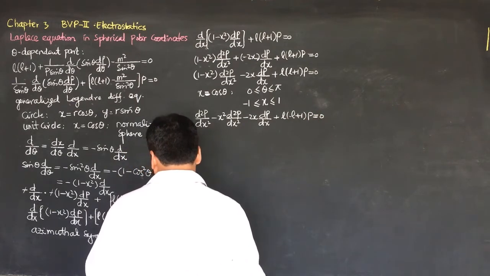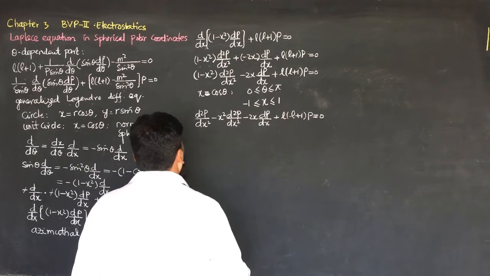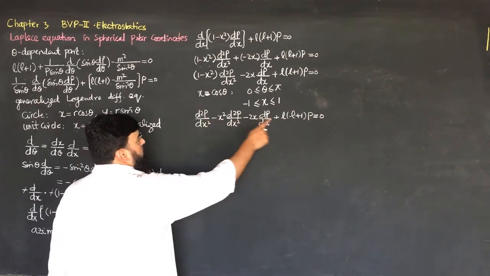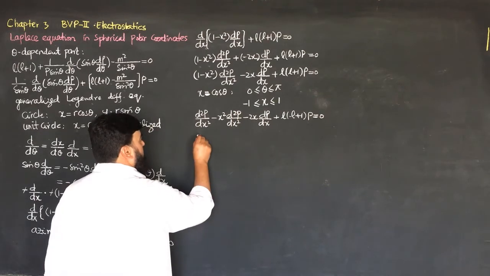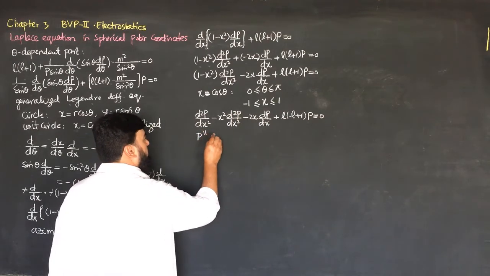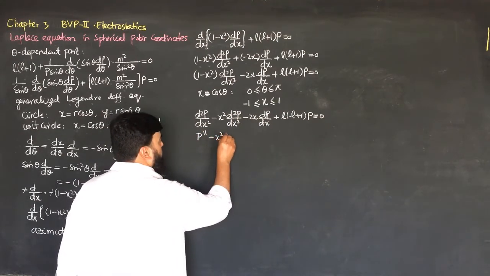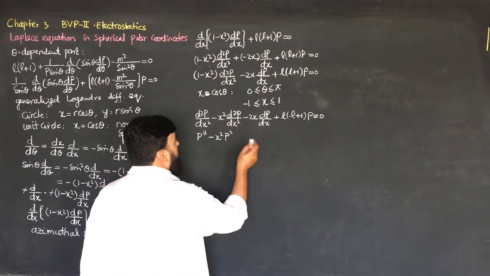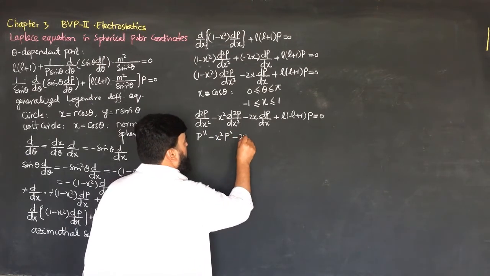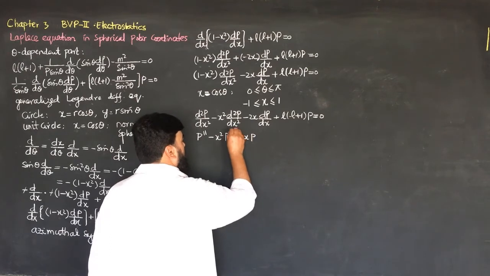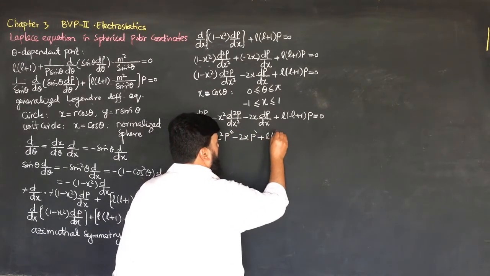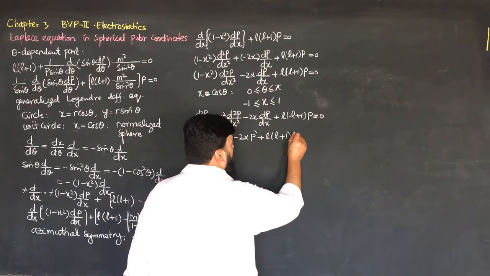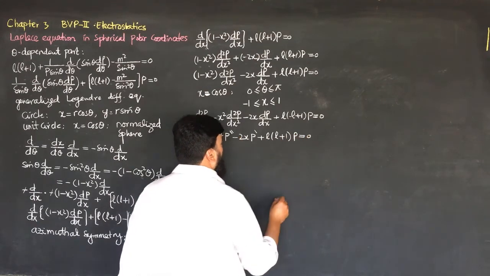If I write this in terms of p prime and p double prime, this will be p double prime minus x square p double prime minus 2x p prime plus L into L plus 1 p is equal to 0.